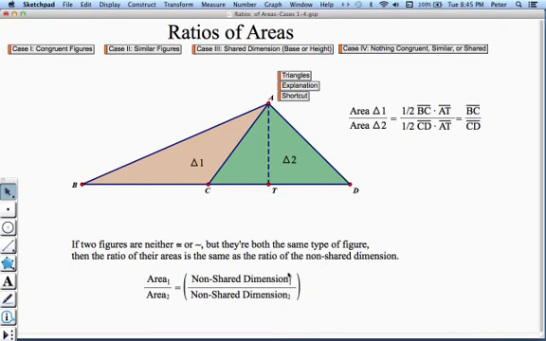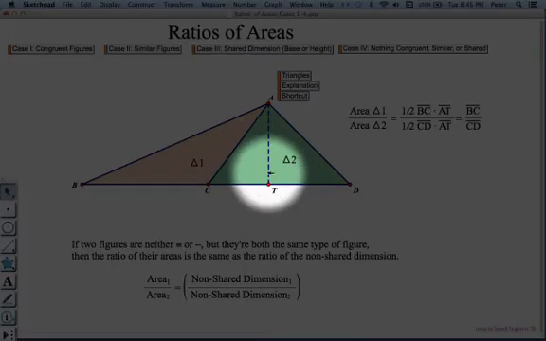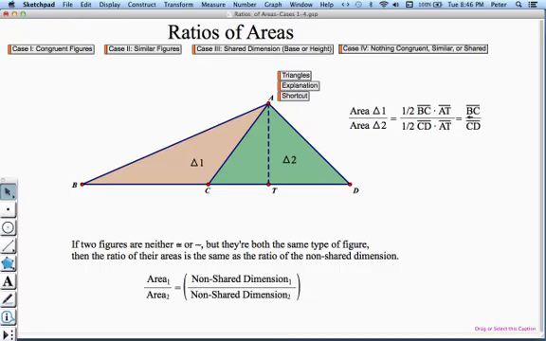What does that mean? Well, our brown triangle and green triangle shared a height. So in order to figure out the ratio of the areas, we compared the dimension they didn't share, which was the base. Okay, that's an important shortcut. Make sure it's in your notes.